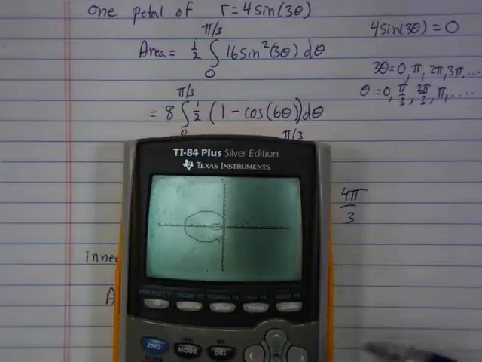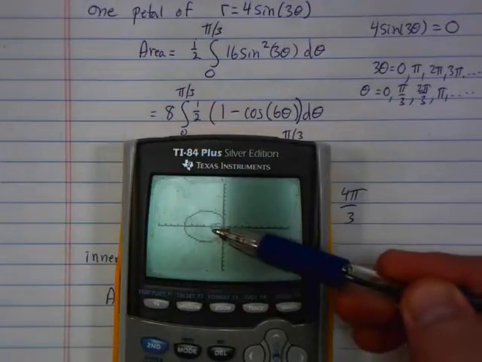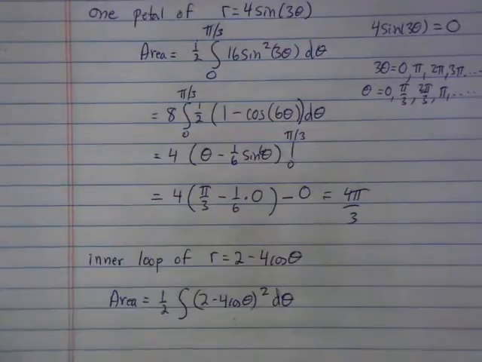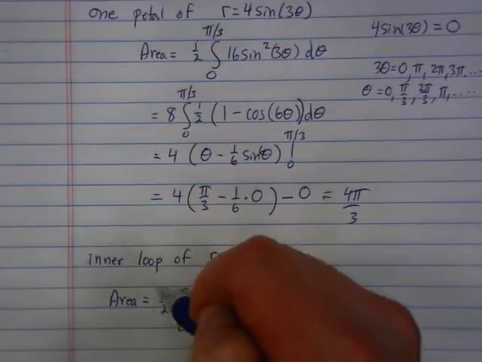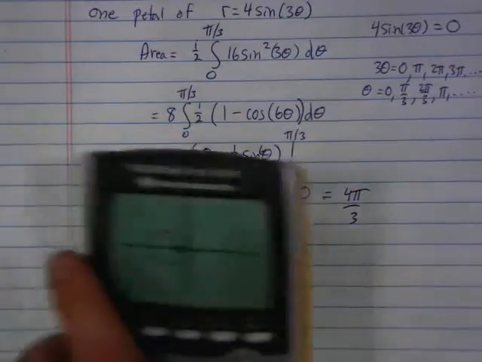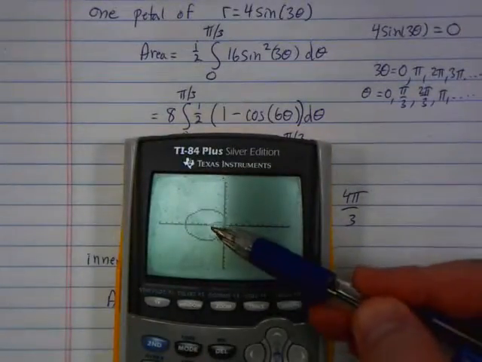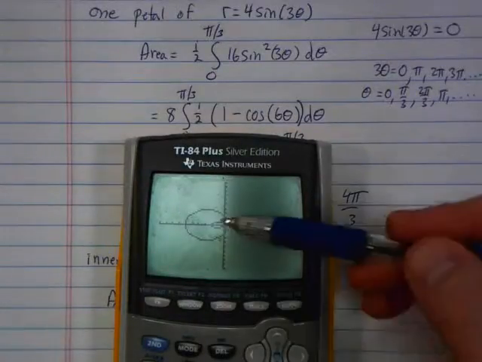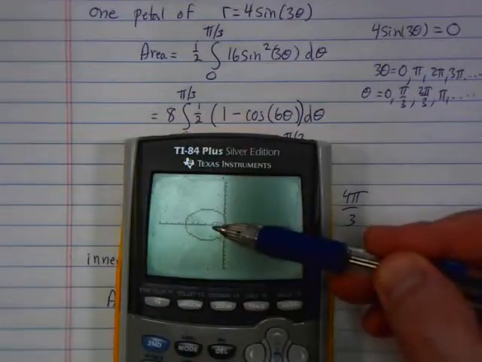So it looks to me as though we could integrate from 0 to something and get the bottom half of that inner loop and then just double the whole answer. So I'm going to start at 0 and double my whole answer. The question is, where do I stop? Well, where did that inner loop stop drawing?